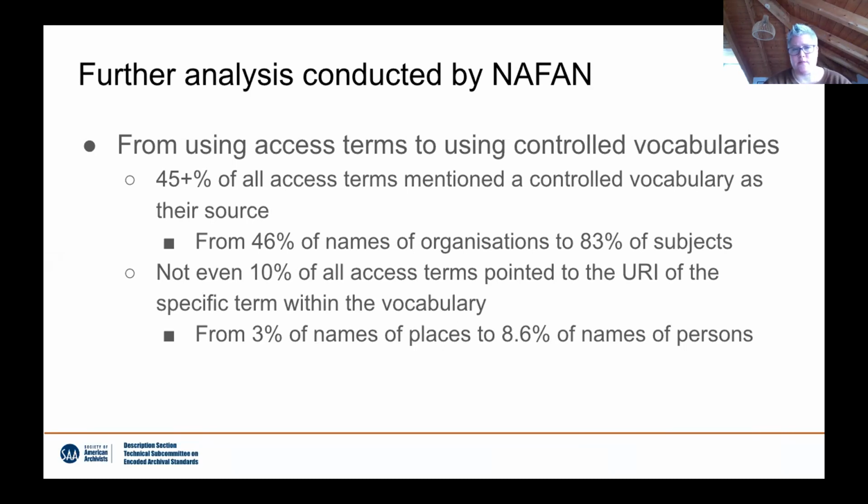However, not even 10% of all those access terms pointed to the actual URI of the specific term. So there is some standardization in the way that people are including terms from controlled vocabularies, but there's still little going on in terms of linking that with something that can be used more interactively in an online context.